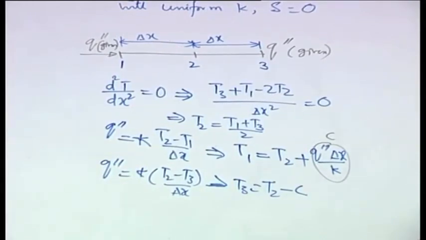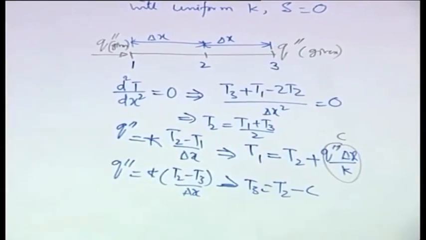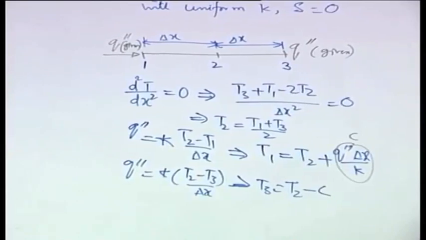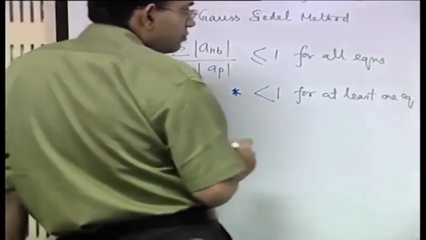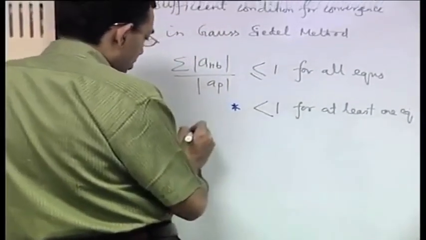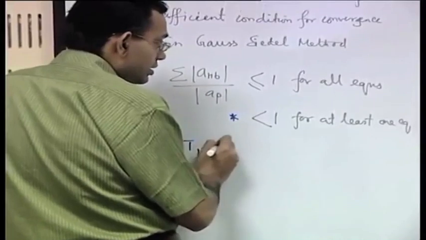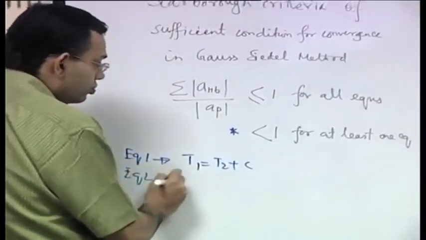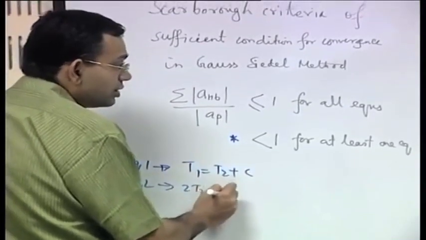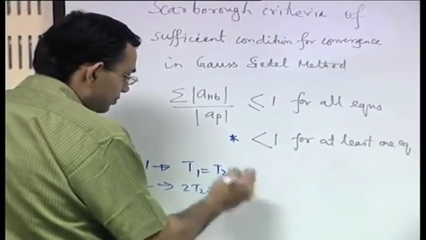Now let us try to organize these equations. Equation 1: T1 is equal to T2 plus C. Equation 2: 2T2 is equal to T1 plus T3.